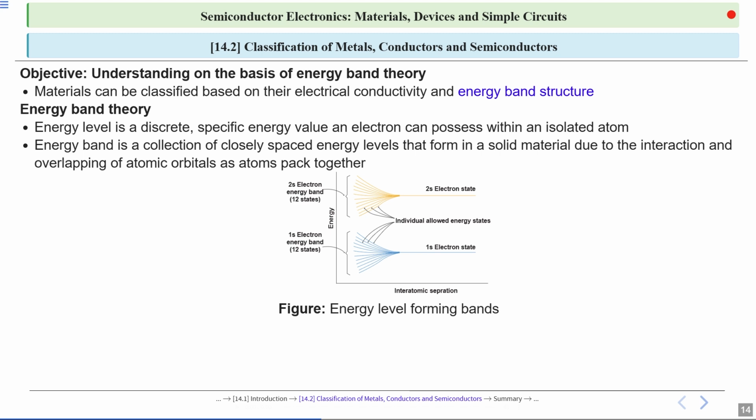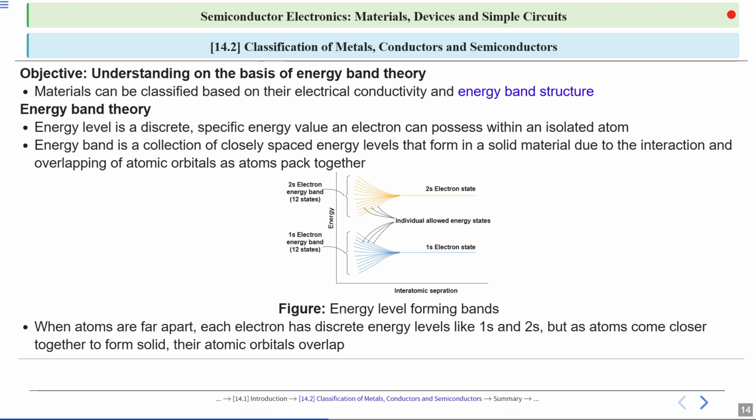This range is called an energy band. Energy bands form the basis for understanding how electrons behave in solids, determining whether a material is a conductor, insulator, or semiconductor. The overlap of orbitals leads to the formation of these bands, which are crucial for explaining electrical properties in materials.